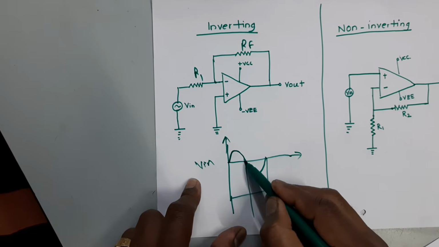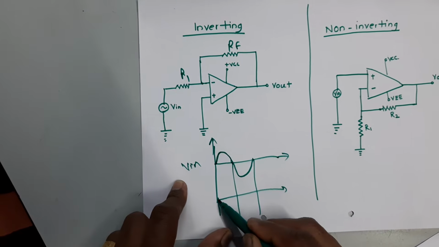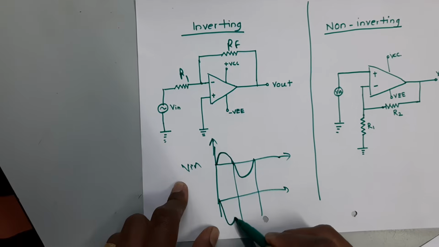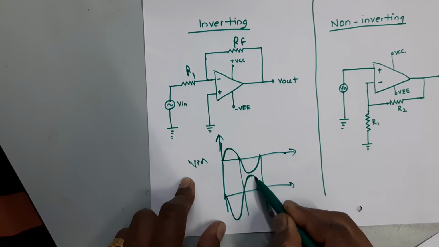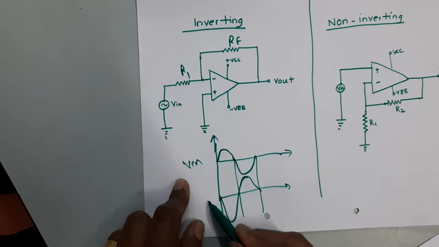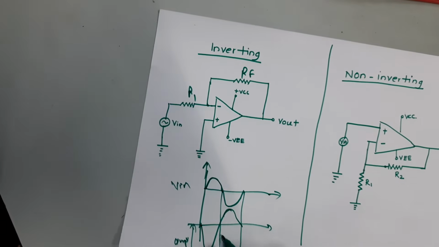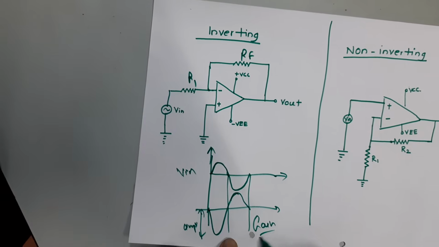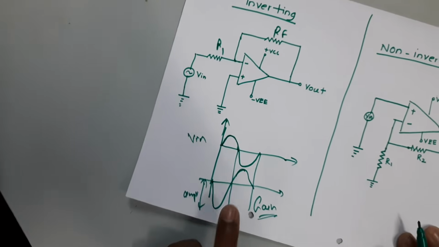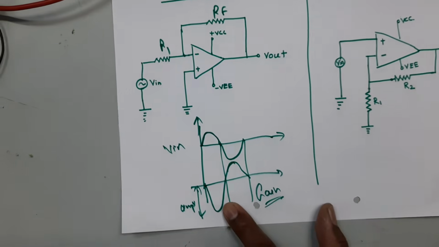As I said, it will be inverted, 180 degrees out of phase. So this waveform will be something like this, and it will be amplified. Why? Because of gain. Since the operational amplifier has a gain, it is amplified.